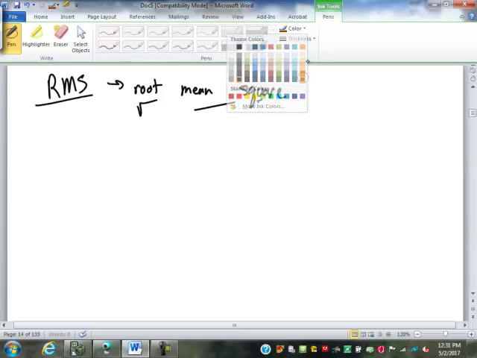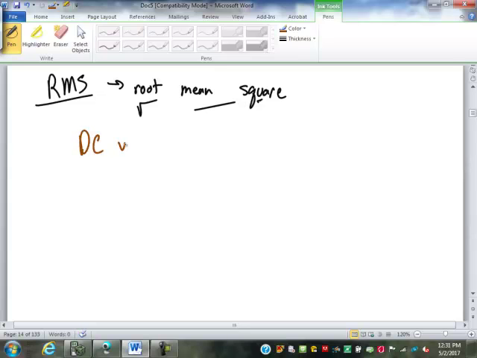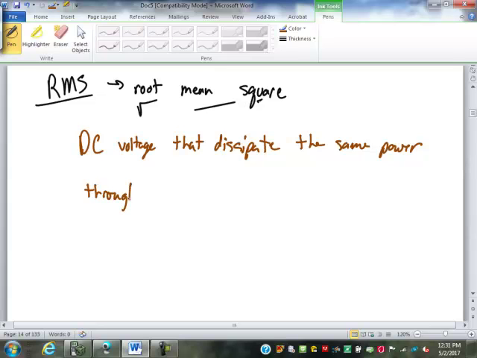RMS voltage is the equivalent DC voltage that will dissipate the same energy, the same power, through a resistor as the AC voltage.